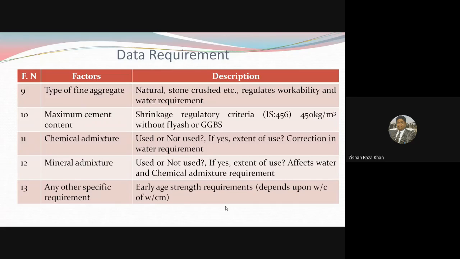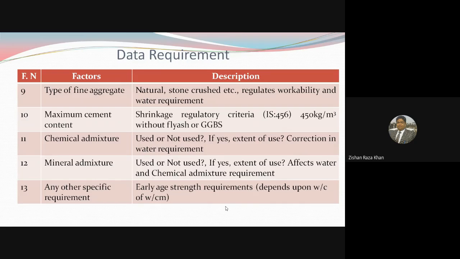Next factor is type of fine aggregate. Nowadays, natural and stone crushed aggregates are commonly used. Earlier, natural fine aggregate was most common here in the Lucknow region.